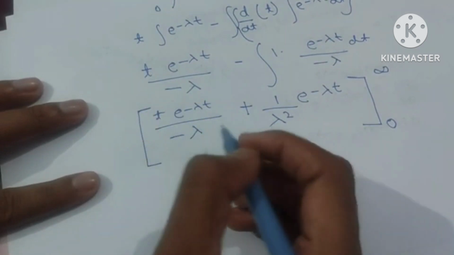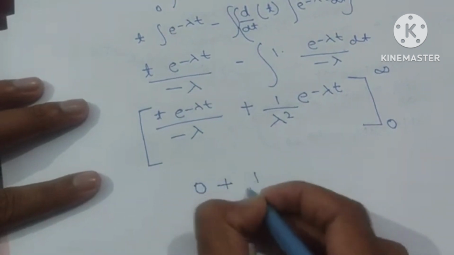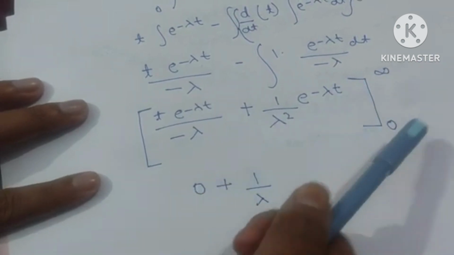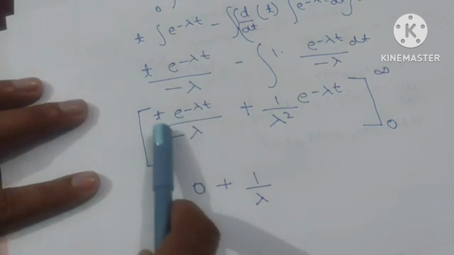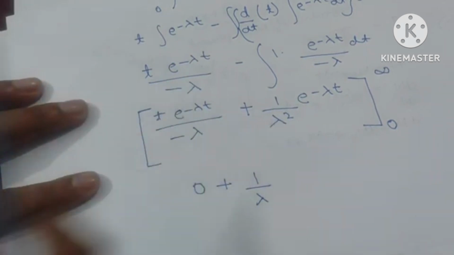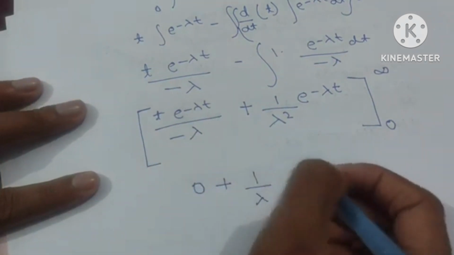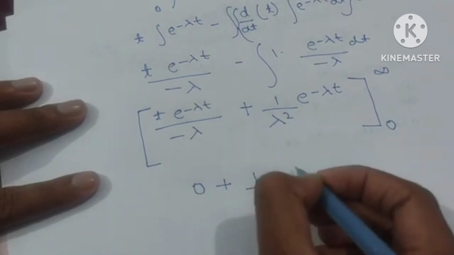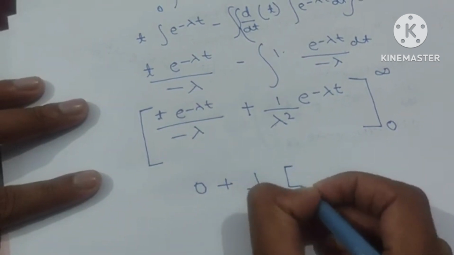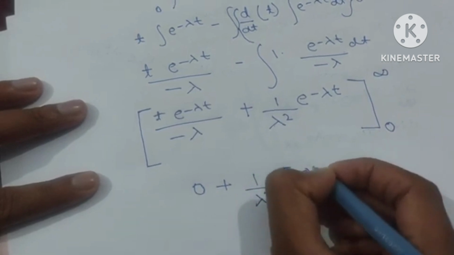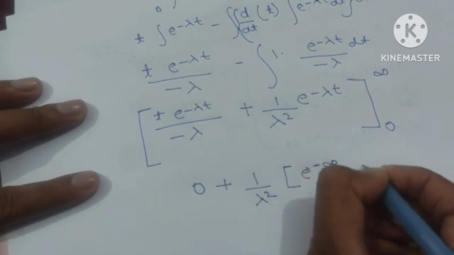Why? Because if you multiply 0 with 0, we'll have the 0, and it is t now, that's why. Now simply we're doing infinity minus infinity to the minus 0.